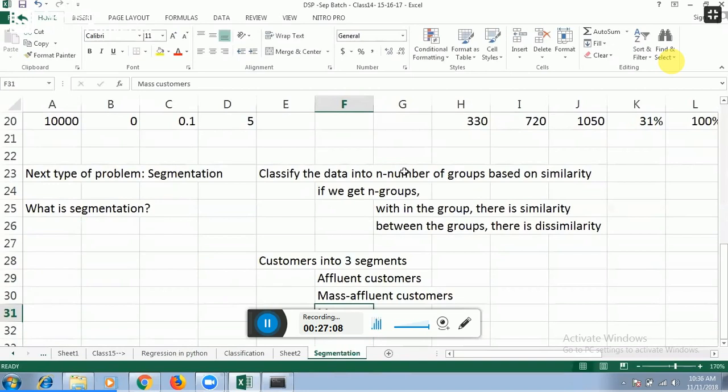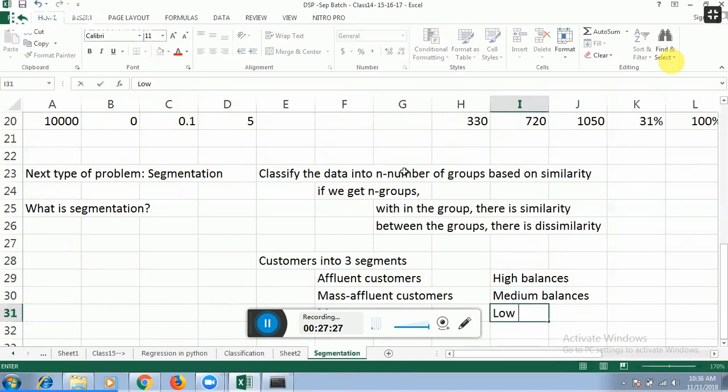This is a very common segmentation done in any customer-centric industry, especially banking or telecom. What are affluent customers? Maybe they are maintaining high balances, then medium balances, or low balances.